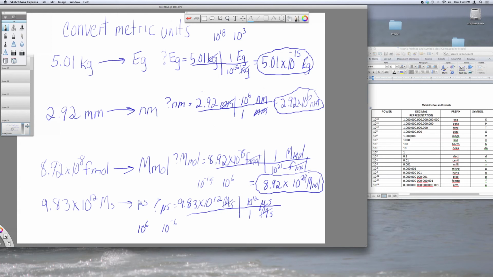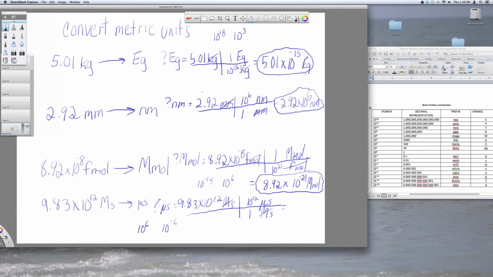Megaseconds cancel. Now what am I going to do? Multiply or divide? Well, again, in this case, my bigger number is on the top, my 1's on the bottom, so I'm not going to divide at all here. I'm just going to multiply 9.83 times 10 to the 12th times 1 times 10 to the 12th. If you're typing into the calculator, it would be 9.83 EXP12 times 1 EXP12.